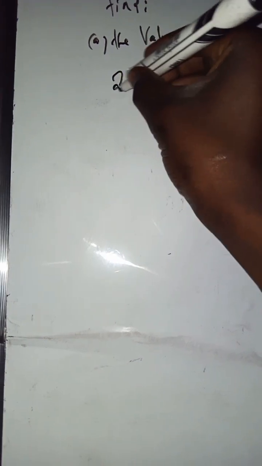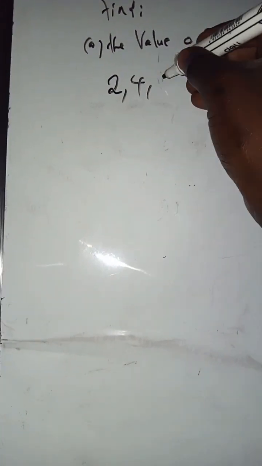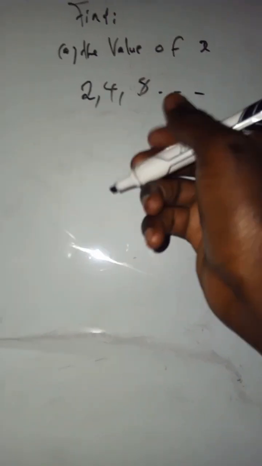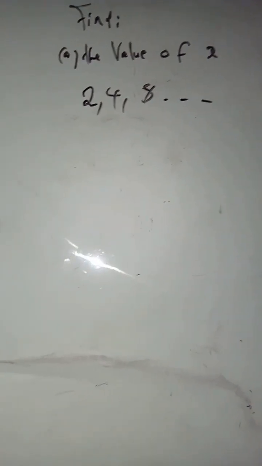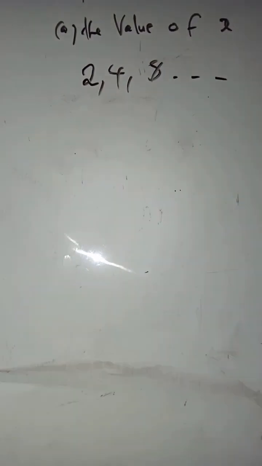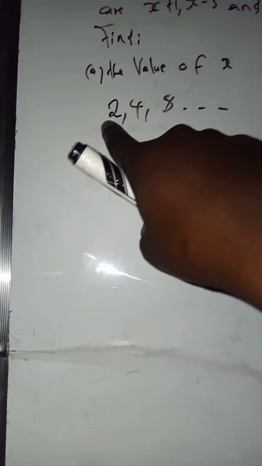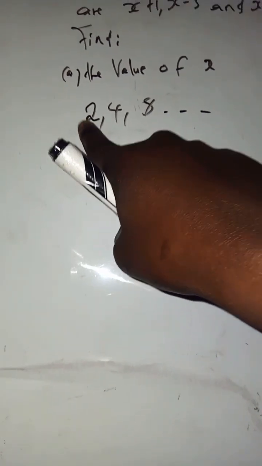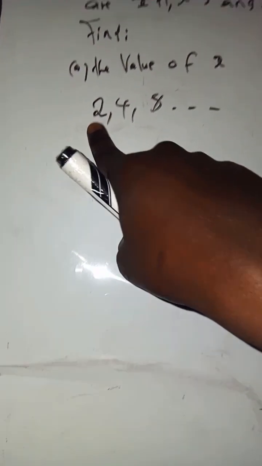Just for the sake of recap, if you missed it when I explained last time: if I have, for instance, 2, 4, 8, what is happening to get to the second term? I've multiplied 2 by 2 to give me 4.